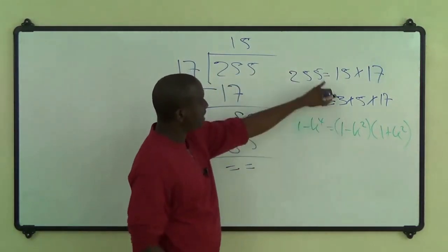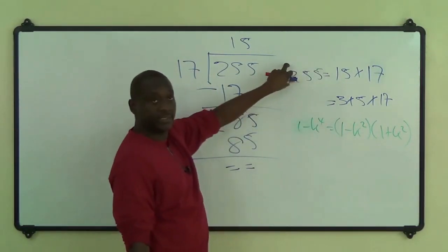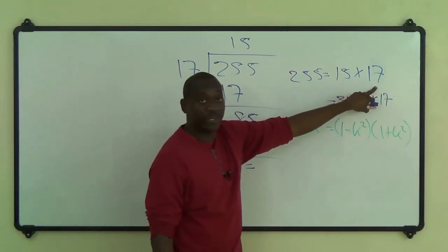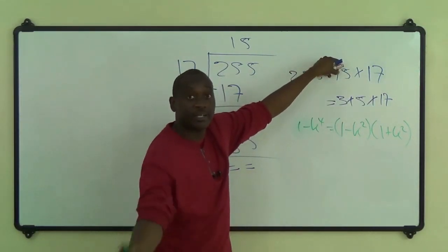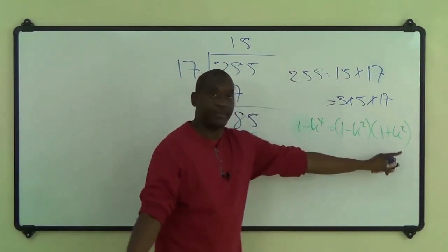Alright? The same thing happened here. You take the original entity, you break it up into two factors, and then you realize, but wait, one of the factors here could factorize even further. The same thing happened here.